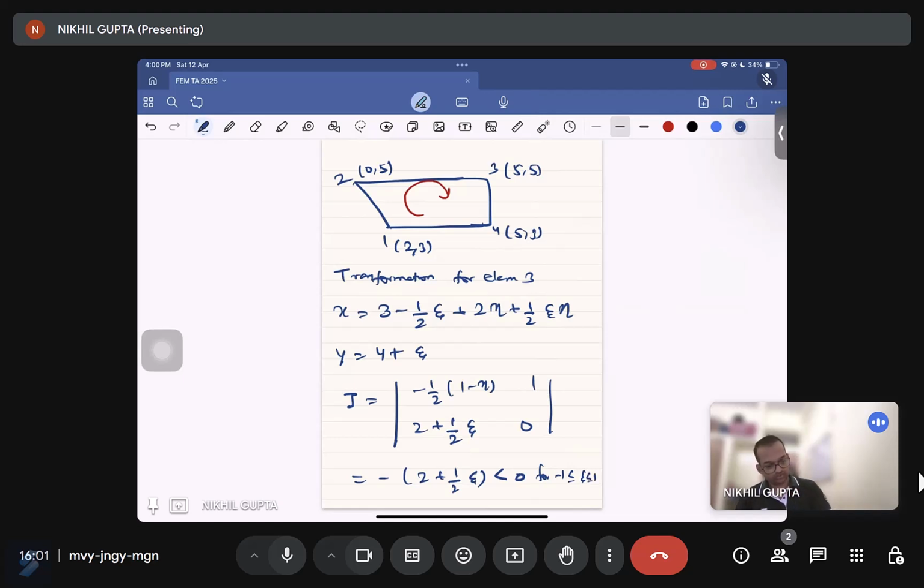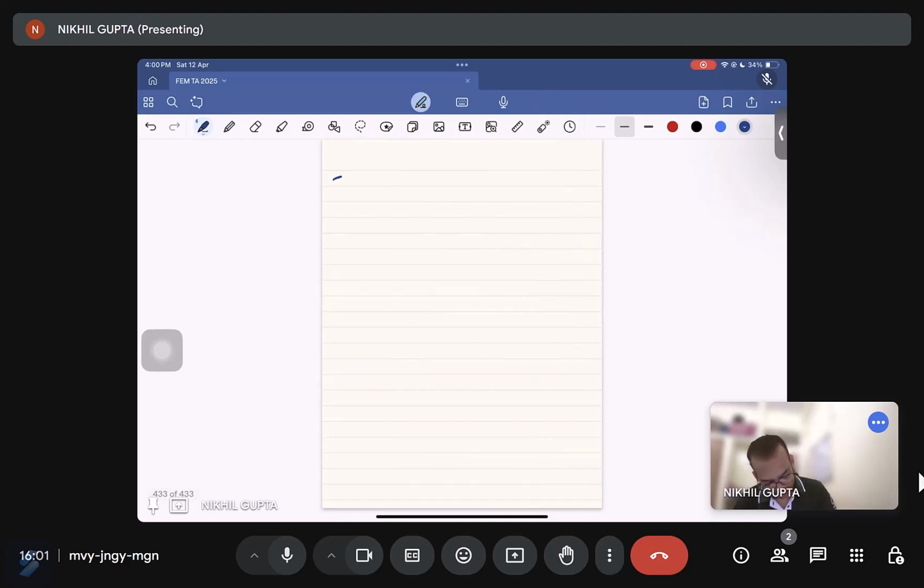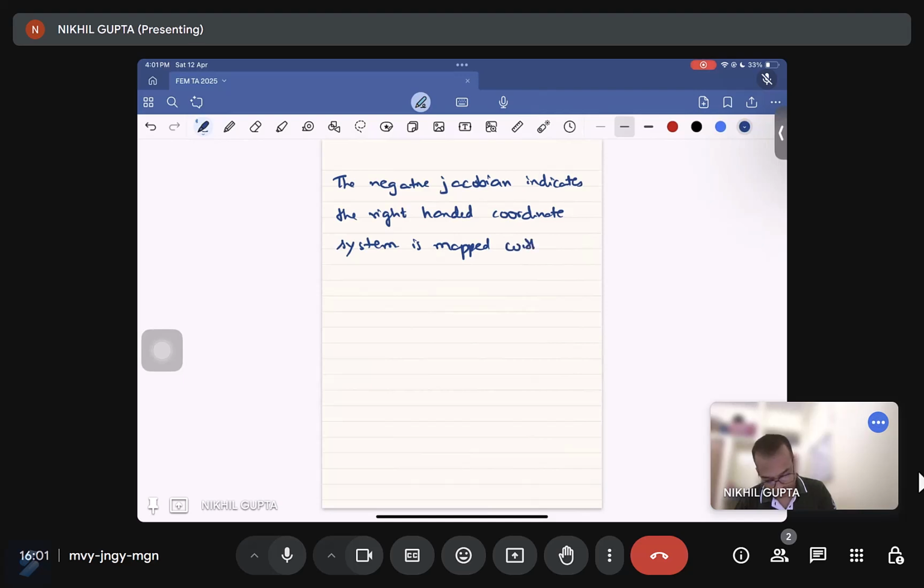Okay, so what we can conclude from this, the negative Jacobian indicates the right-handed coordinate system is mapped with left-handed coordinate system.